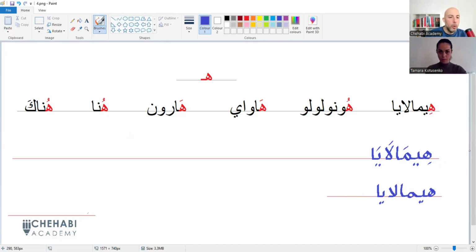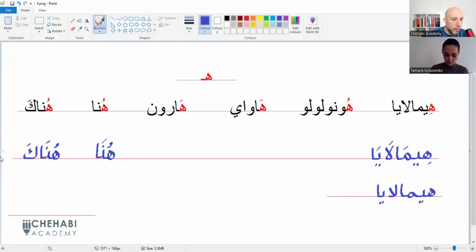Himalaya. We'll write huna and hunak. Huna, with the anticipation on top of the noon if you want, and هناك. هنا, small gap, alif is not joining from the left, and then kaf.